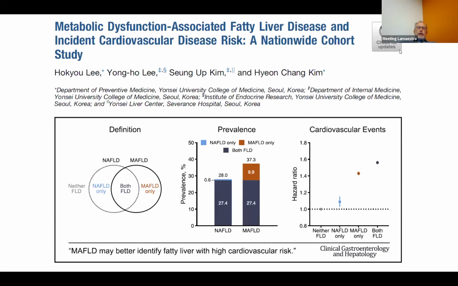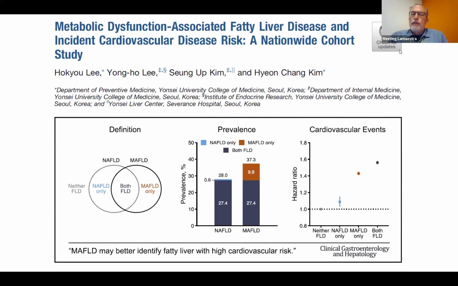All right, so this is a nationwide cohort that actually took place in Korea, but does relate to us because we have a large number of patients of Asian origin. So the hazard ratio on the right side for cardiovascular events, they don't have any fatty liver, 1.